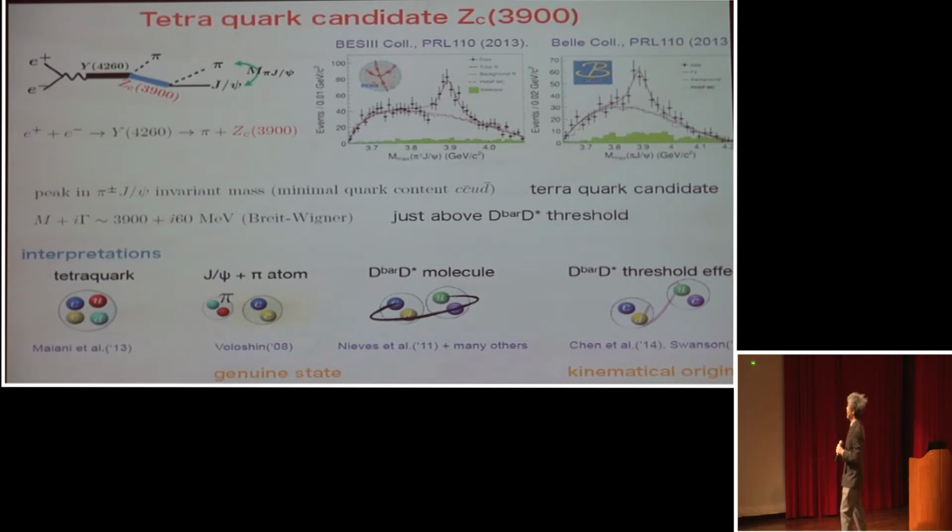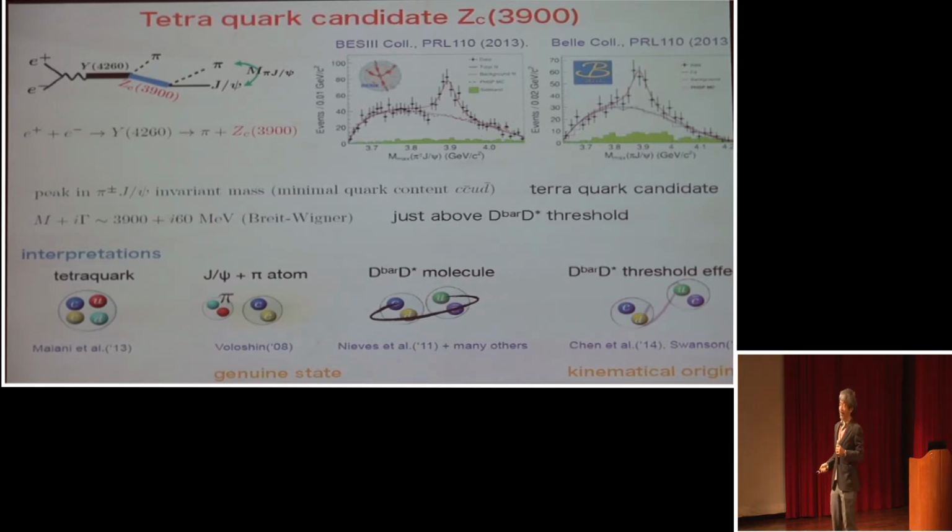This is the invariant mass of pi J/psi and the number of events. They observe some peak around 3.9 GeV. They fitted this peak with a Breit-Wigner form and obtained a mass of 3900 and a width of 60 MeV. And this is just above the D D-bar star threshold, 3.8 something.